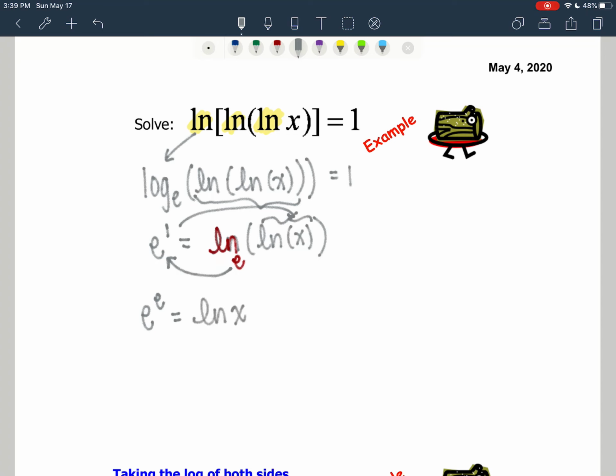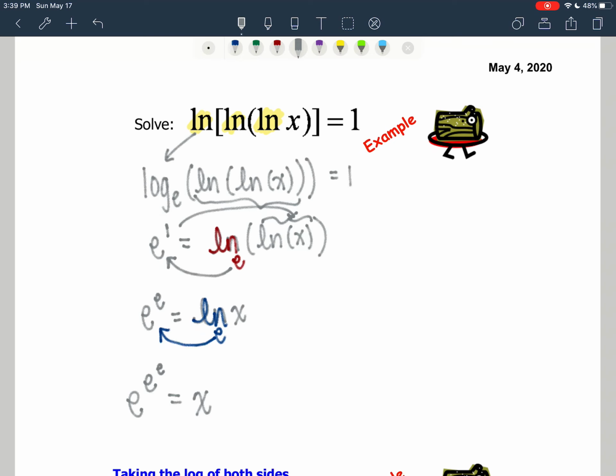We've now written in exponential form 2 times, and we've got our third time right now. Natural log is a log base e. We're going to take e, raise it to the e to the e power. So we've got e raised to the e raised to the e power is equal to x.